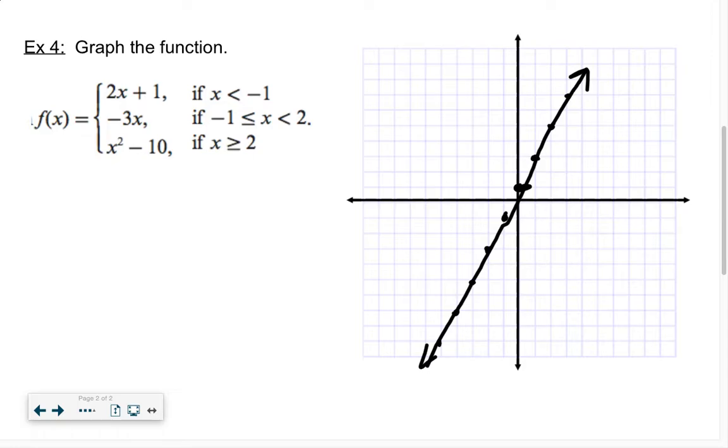Well, it's everything that's less than negative 1. So now I'm going to take my eraser, and I'm going to go all the way back to negative 1. And is that going to be an open or closed circle at that point? Well, it's going to be open. So we still have the line 2x plus 1, but it's just for everything to the left of negative 1.